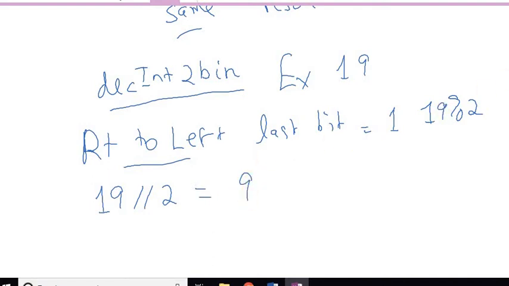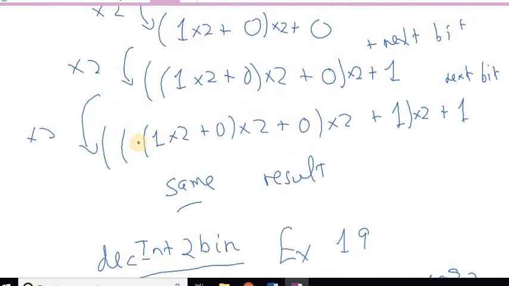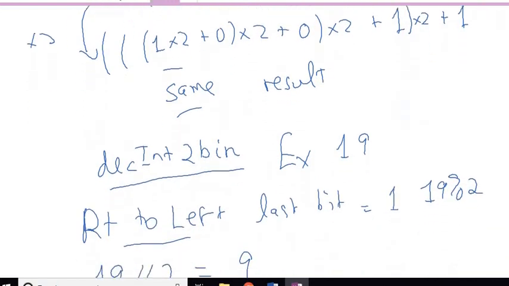Okay, and 9, if you work this out, 9 is the part here that's multiplied by 2. This is 9 times 2 plus 1. So I want the last bit of the 9 part. Now this part is the 9 part here, right? What's the last bit? There's 1. This part multiplies by 2. So 1 is the remainder when I divide 9 by 2.